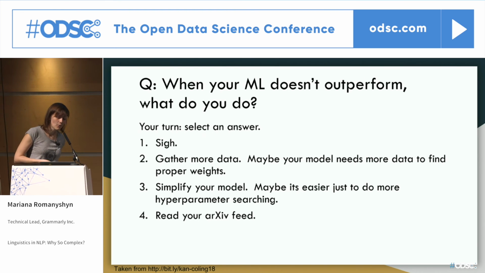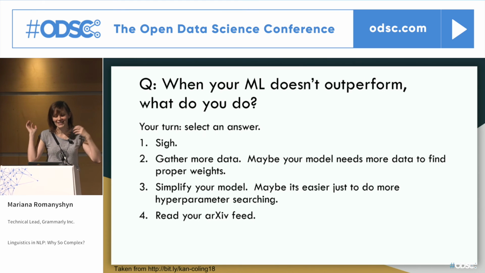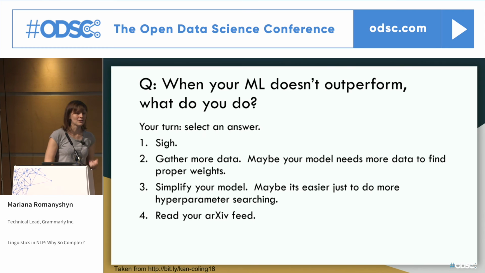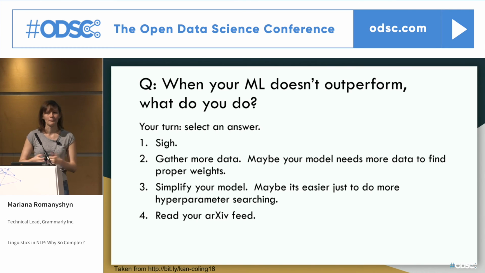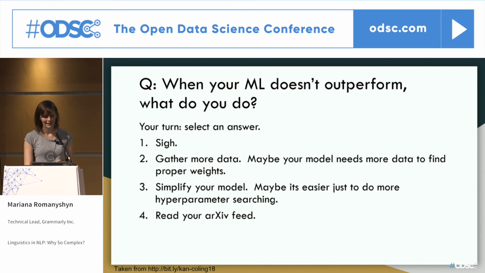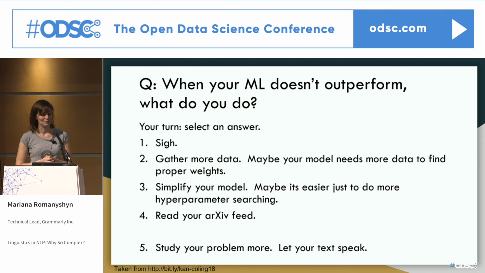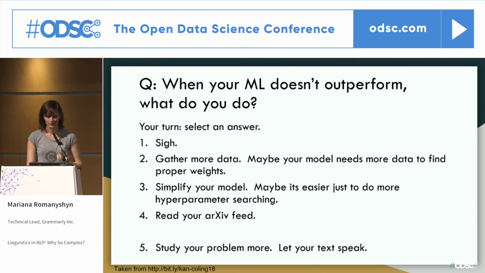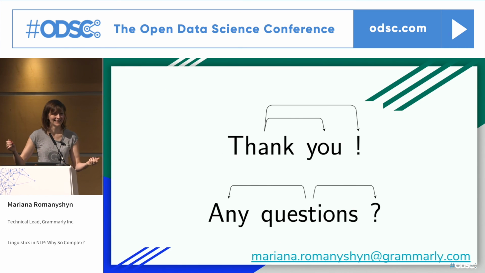Then you may simplify your model, maybe it's easier just to do more hyperparameter searching. Then you go to arXiv and read the latest papers that were written on the topic and so on. And then maybe number 5, you study your problem more. So I would like to encourage everyone to study your problems more and let your data speak to you. Thank you.